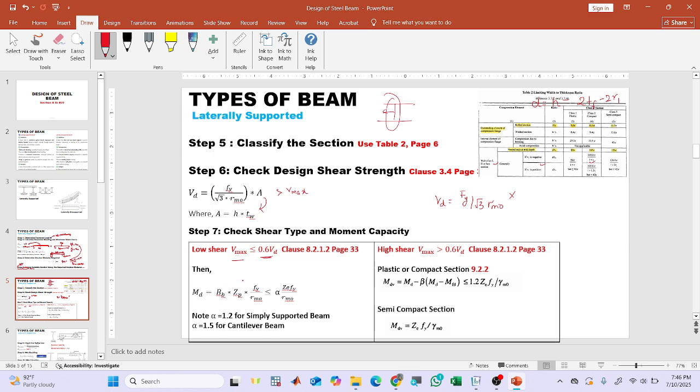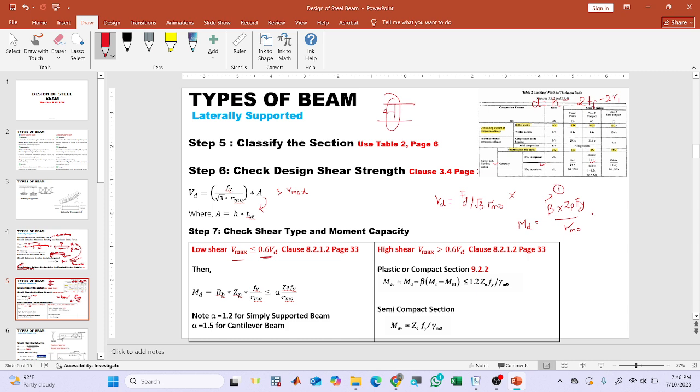For low shear, the design moment Md will be calculated as beta into Zp Fy divided by gamma m naught. And for a plastic section, this beta will be equal to 1.